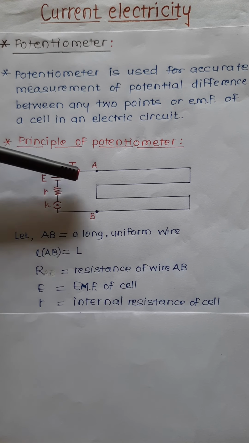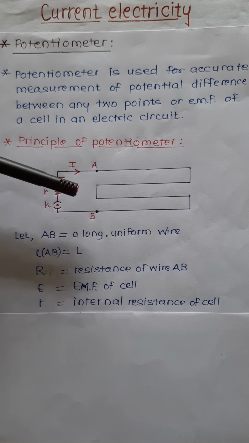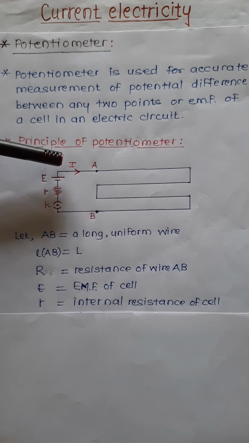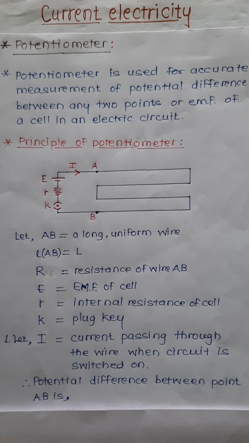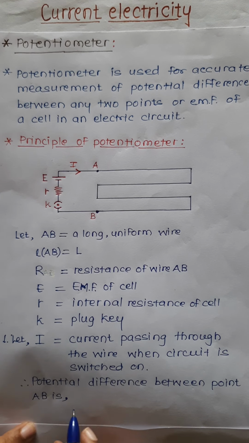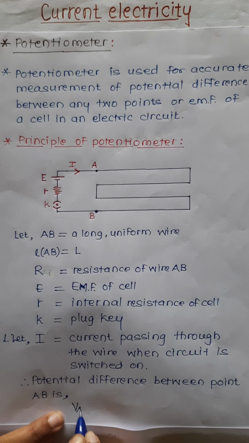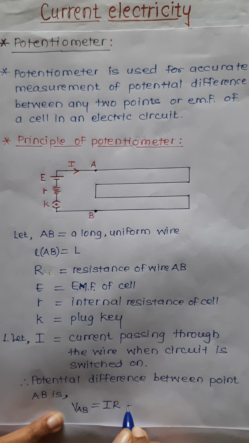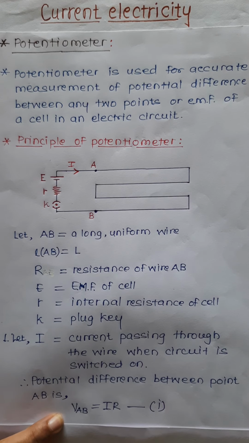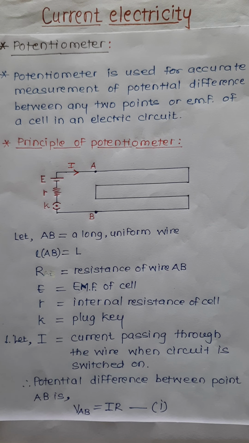Therefore potential difference between points A and B is equal to current into resistance of that part of wire. So we get VAB is equal to IR. Let this be equation 1.